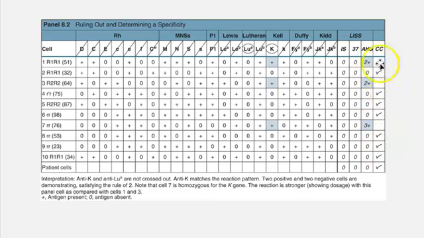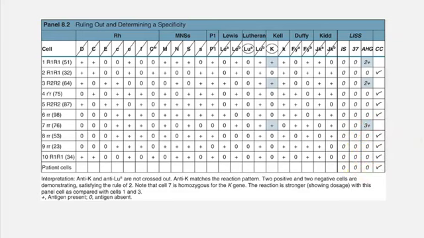You're not looking at the check cells. We can't use cell 3 because we have a positive reaction. But cells 4, 5, and 6 we can use because we've got negative reactions at all phases of testing. We can't use cell number 7 in our rule out, but we can use the rest.